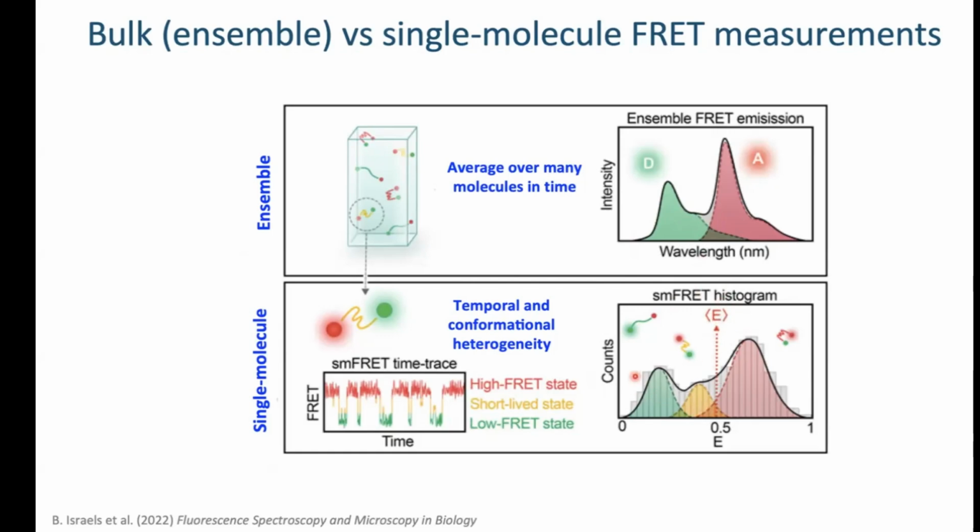If you go to the single molecule level, this is one of the advantages. Of course, if you use a TIRF setup, you can follow in real time the transition between different states. And if you use, for example, a confocal setup, you can have a distribution. This is a histogram of distributions of FRET efficiencies. So what this means, for example, for this case, is that you have 3 different states.